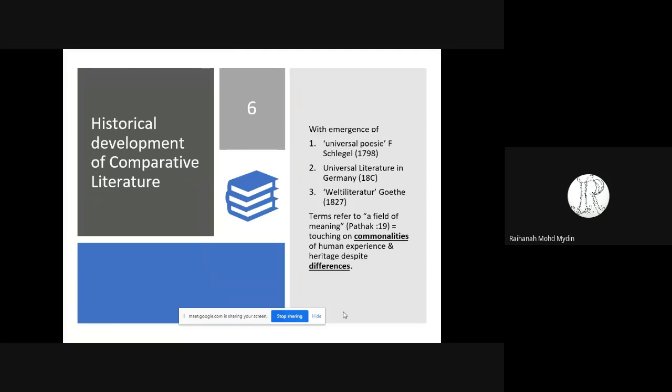So historically, when we think about comparative literature, the emergence of it, you can even trace it back to 1798, when the term universal poesy was introduced. And again, in the 18th century, universal literature in Germany, or Goethe's 1827 term, world literature.